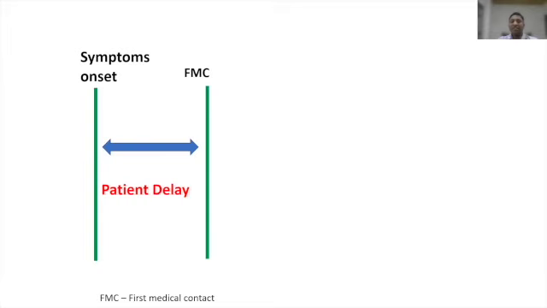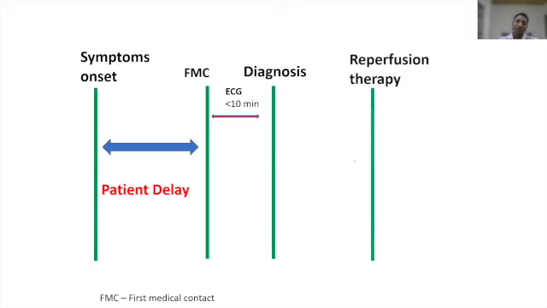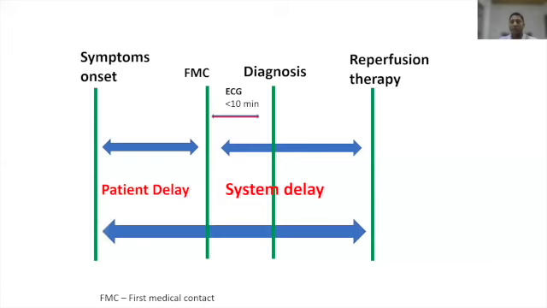FMC means first medical contact. From the time the patient has reached your door, within 10 minutes you should perform the ECG and make the diagnosis. From this point, you should decide which strategy to choose for reperfusion therapy, either medical thrombolysis or invasive management.